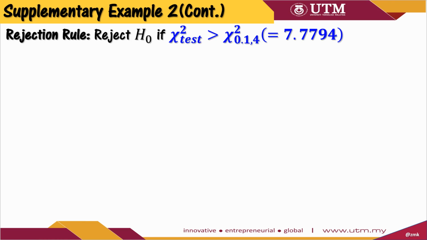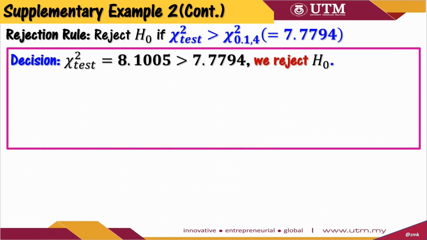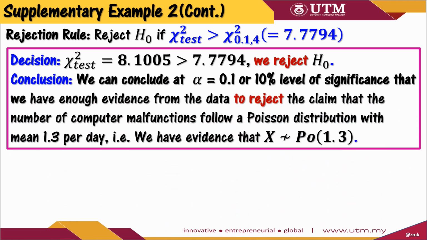As the chi-square test statistic value was calculated to be 8.1005, which is slightly greater than 7.7794, then the decision is to reject the null hypothesis H0 and conclude that at alpha equal to 0.1 or 10% level of significance, we have enough evidence from the data to reject the claim that the number of computer malfunctions follow a Poisson distribution with mean 1.3 per day.